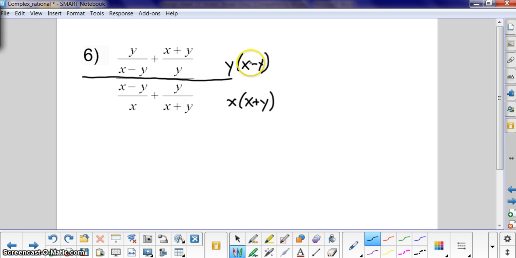So what I need to do is find the least common denominator of my denominators, and because nothing is in common, it looks like it's going to be x, y, x plus y.